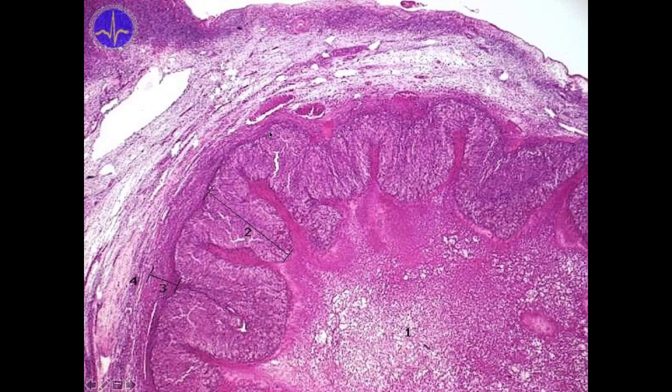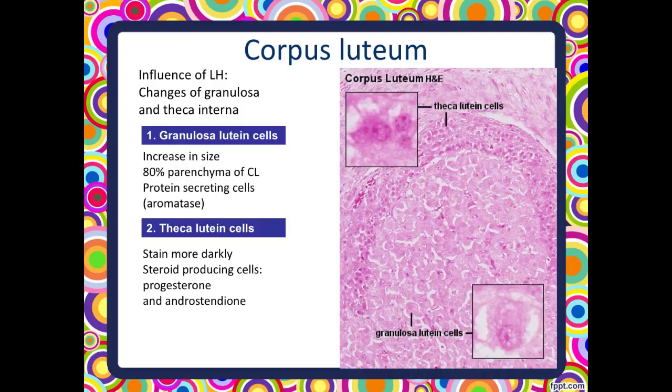So this is the wall of the corpus luteum, which is composed of granulosa lutein cells, number 2, and theca lutein cells. The center of the corpus luteum is filled with coagulated blood and then the connective tissue. Under the influence of luteinizing hormone, there are changes of granulosa and theca cells.